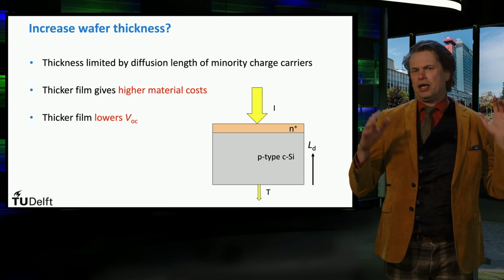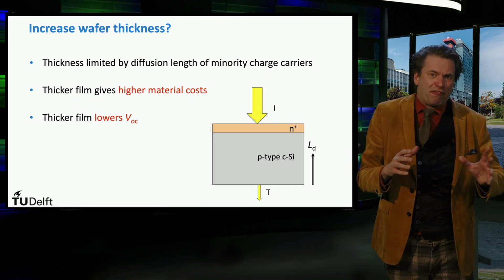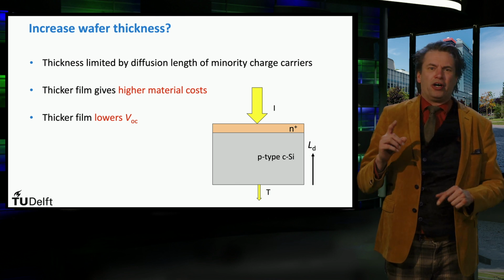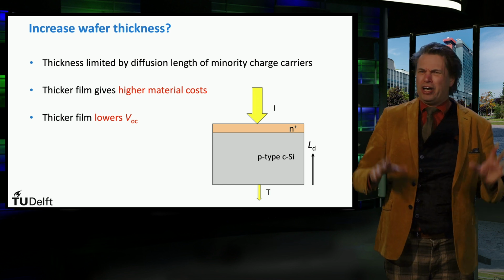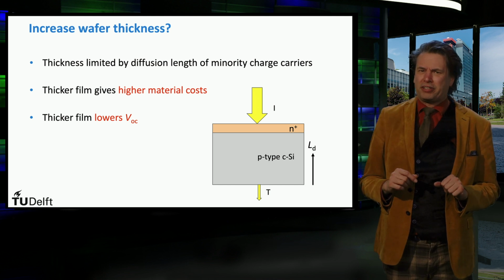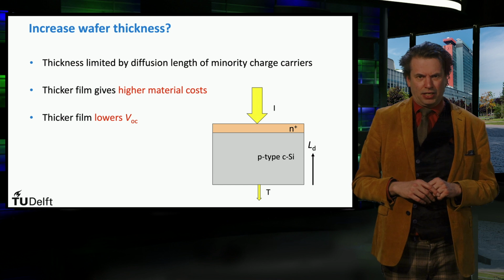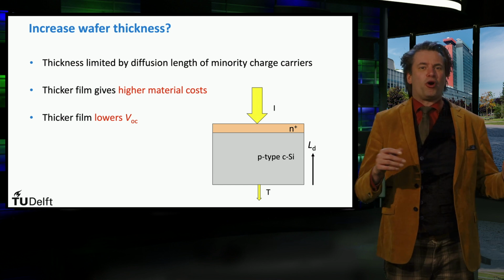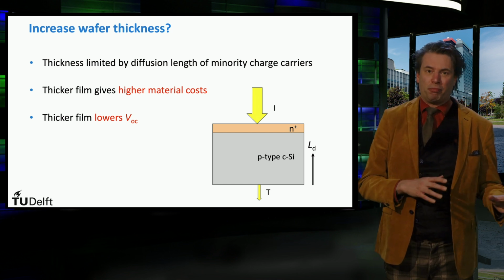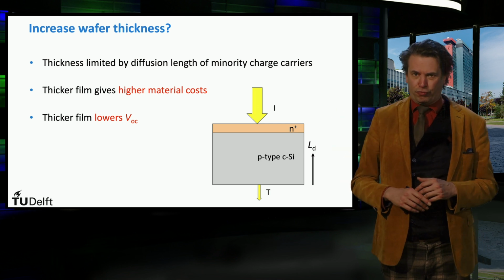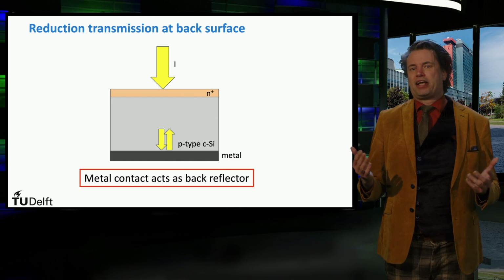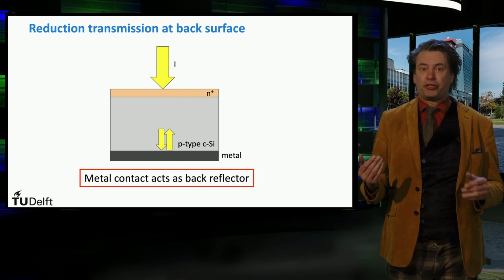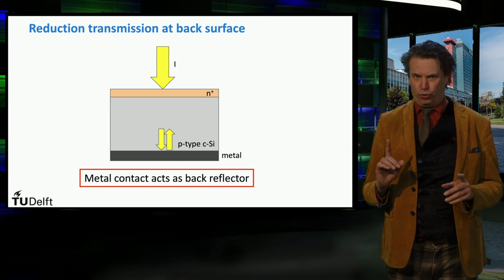Of course, material costs are higher if more material is used. But if we neglect the cost issue for now, another strong argument to limit the thickness of the wafer exists. The thinner the wafer, the smaller the Shockley-Read-Hall recombination in the bulk, and the higher the open circuit voltage will be. Now, since the path length of light through the material is the issue, there are two other useful solutions.